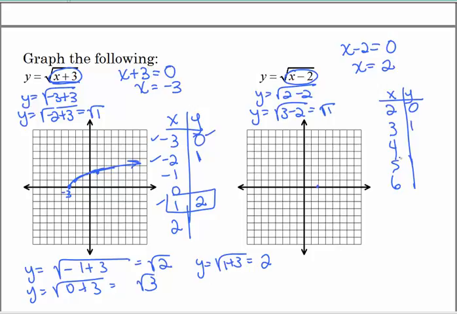And then just like over here, I want to say, what could I subtract 2 from to get the square root of 4? I think 6. 6 minus 2 is 4. The square root of 4 is 2. So let's plot those 3 points. And again, we have that sideways half parabola, if you will.